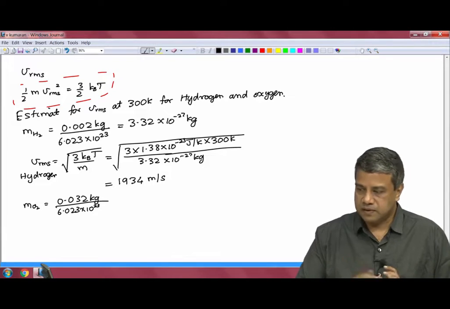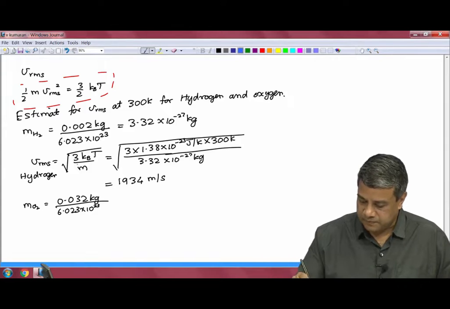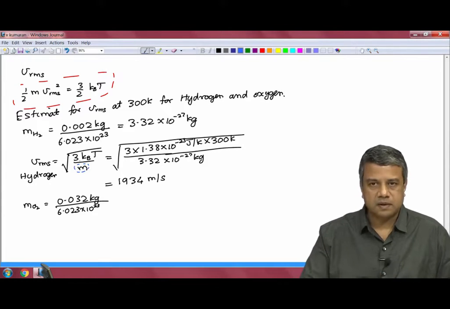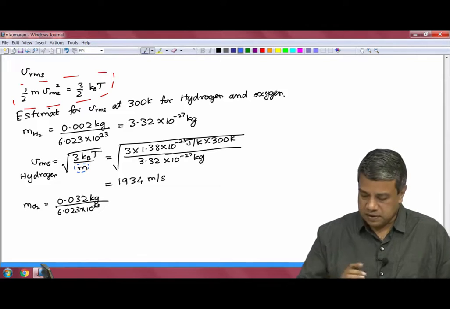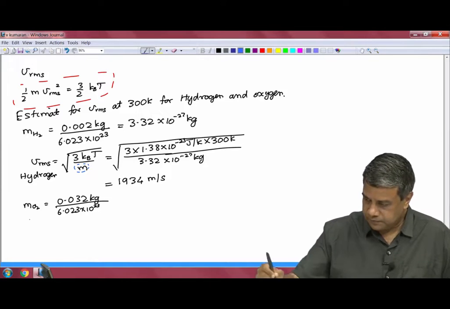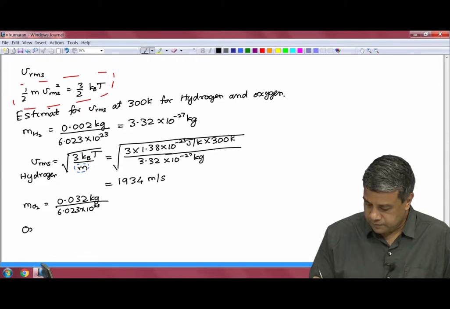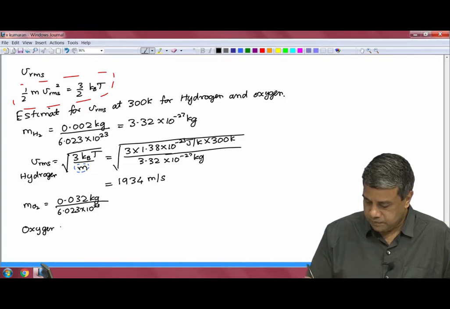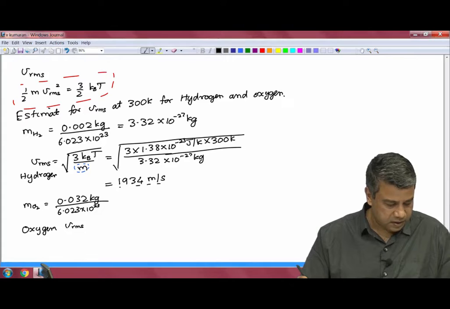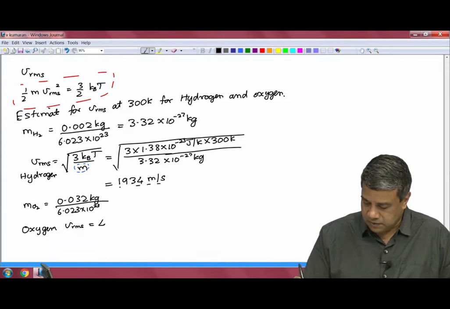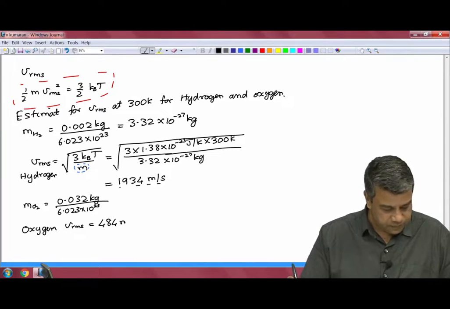Therefore, the root mean square velocity goes as 1 over square root of m. So the root mean square velocity of oxygen is that for hydrogen divided by 4, and this comes out to about 484 meters per second.